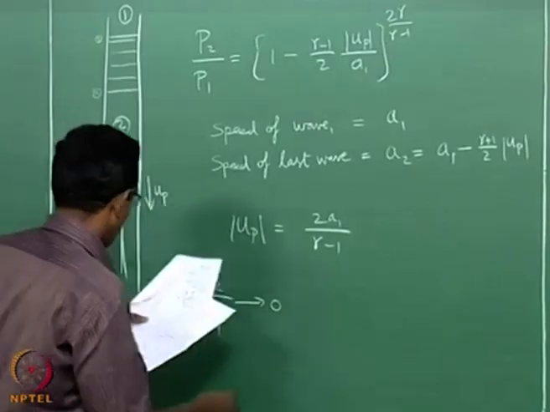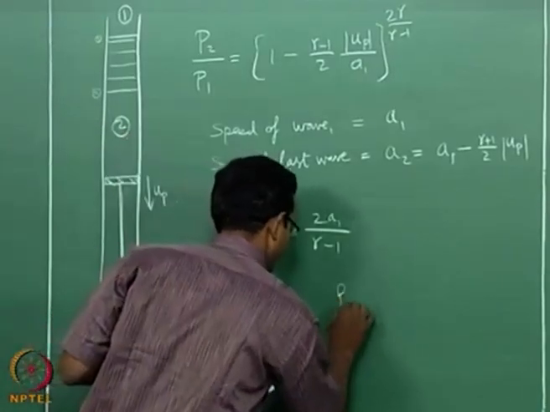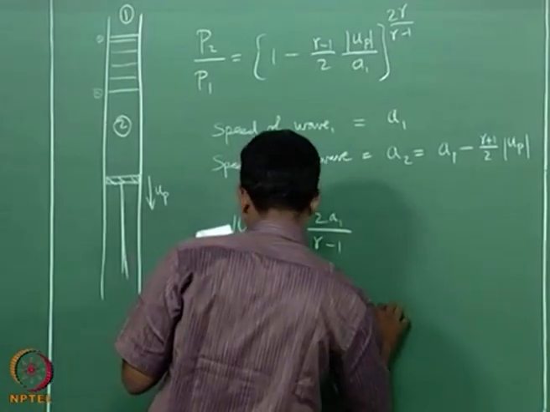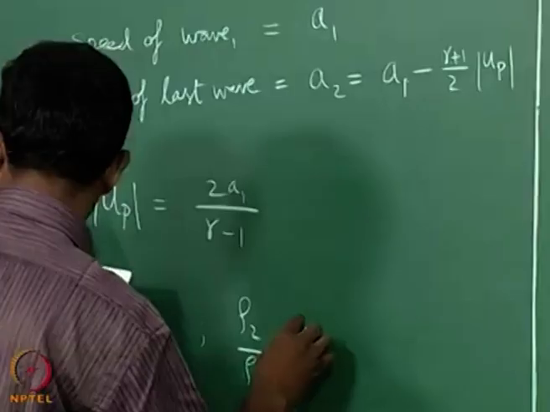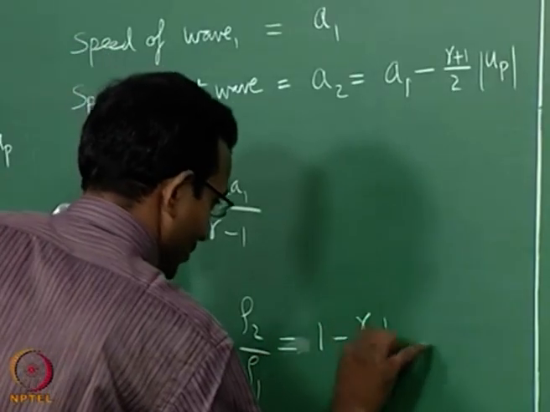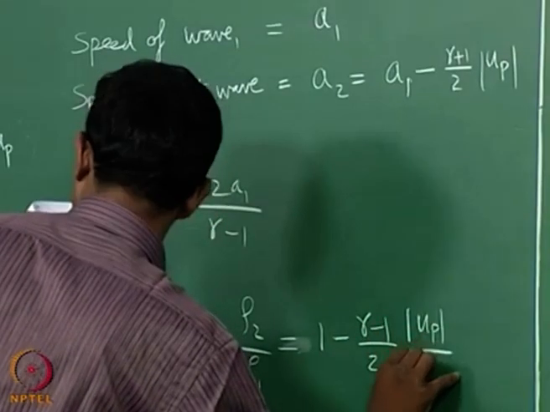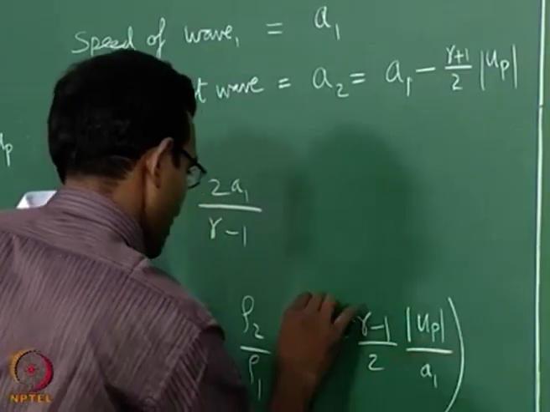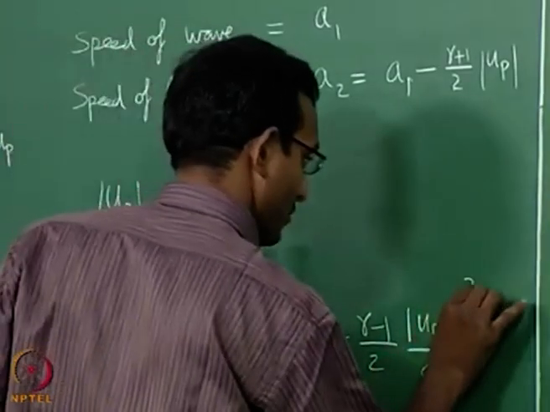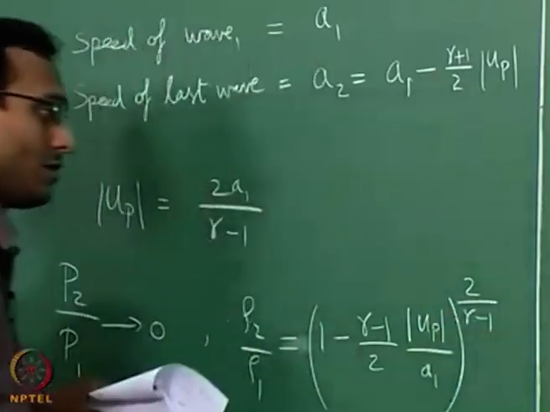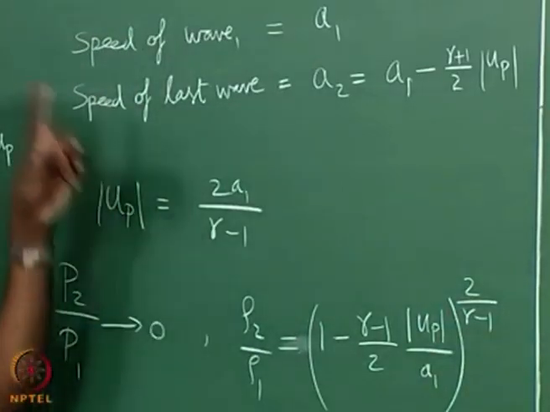Now I look at my rho 2 by rho 1, this is equal to a similar formula. Of course, you can get it from isentropic relations between P and rho.